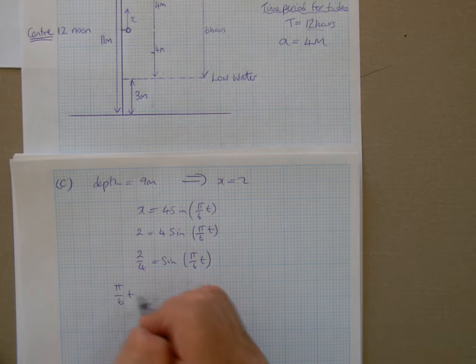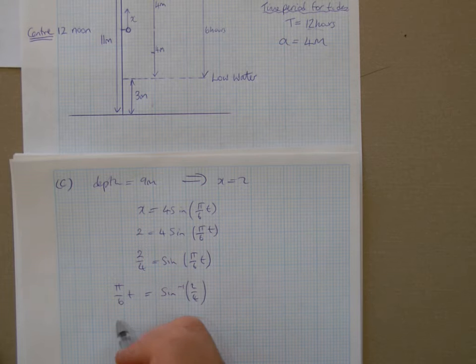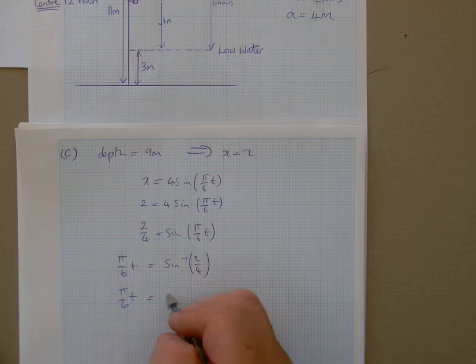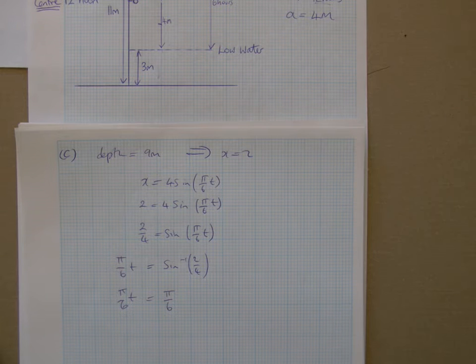So pi over 6 t equals sine to the minus 1 of 2 over 4. That's a half, and sine to the minus 1 of a half is 30 degrees, or pi over 6. Make sure it's in radian mode.